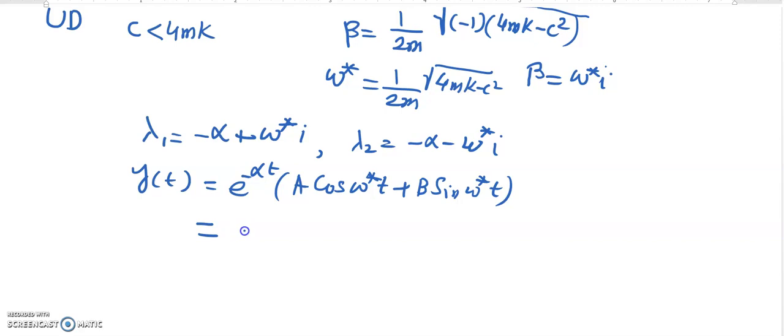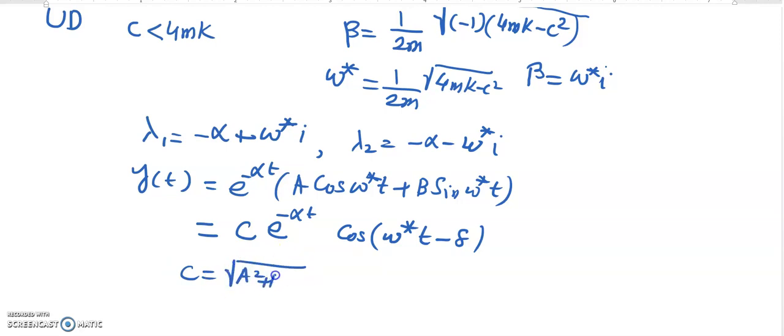Instead of representing these two constants a and b, we can represent it with the single constant c: c times e power minus alpha t times cosine of omega star t minus delta, where c is equal to, same as before, square root of a square plus b square, and delta is equal to tangent inverse b over a, or tangent delta is equal to b over a. So in this way it can be represented.